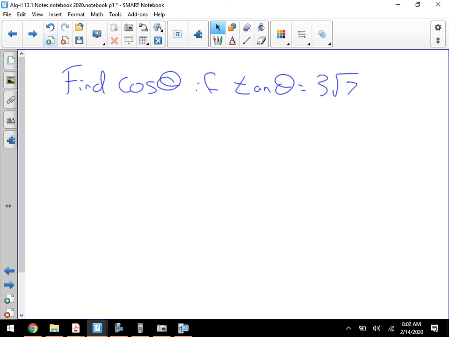Tangent's opposite over what? Okay, so place theta, right angle, opposite 3 root 7, adjacent that is 1.